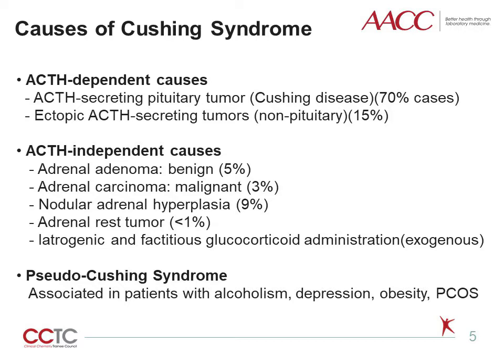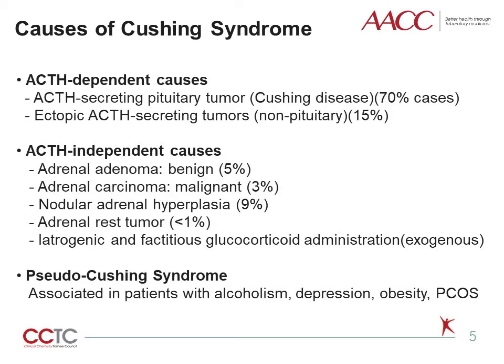Patients with primary adrenal disease, such as adrenal adenoma, adrenal carcinoma, or other types of tumors, can increase the secretion of cortisol with the phenotype of Cushing syndrome, but this is independent of ACTH stimulation. Long-term exogenous or iatrogenic administration of glucocorticoids can also cause ACTH-independent Cushing syndrome.